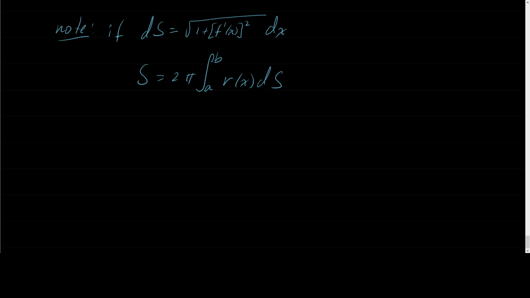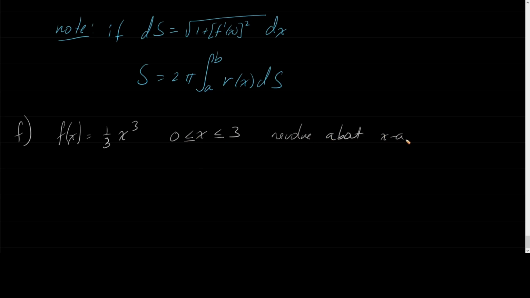So example F. Let's say we've got this function f of x is equal to 1/3 x to the third, and we're going to do this from 0 to 3, and we're going to revolve about the x-axis.